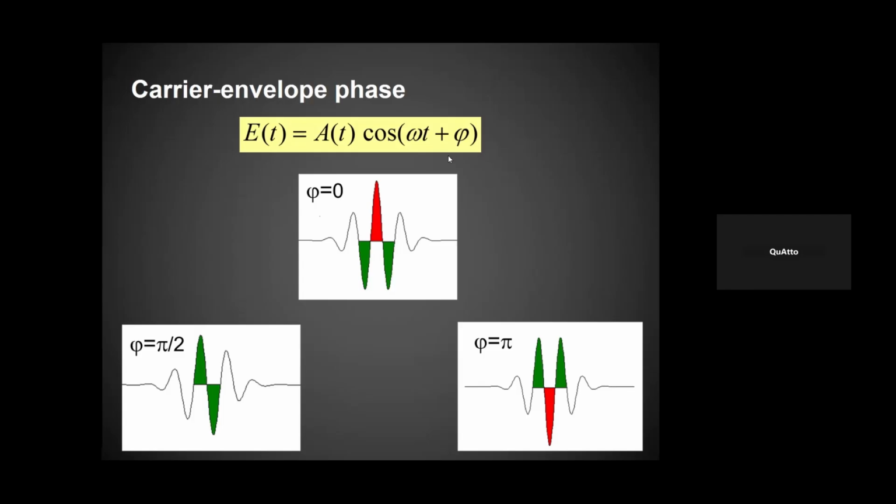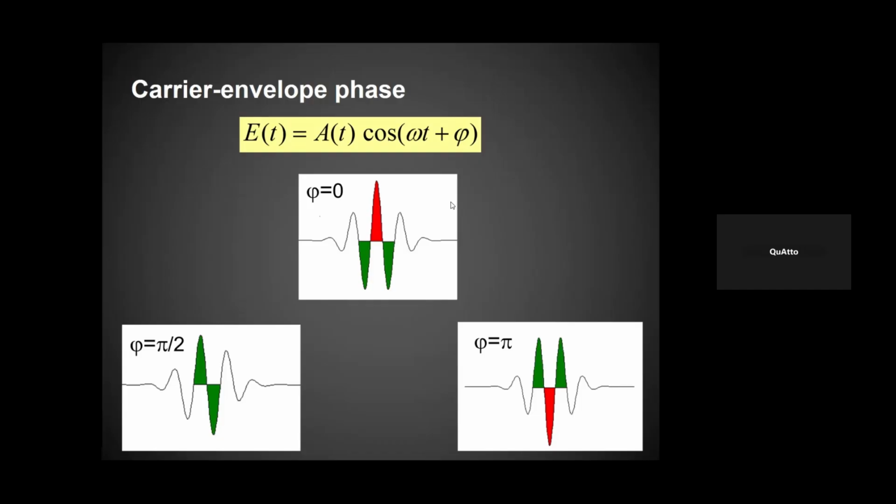This phi represents the carrier envelope phase. It's essentially nothing else than the temporal offset between the maximum of the envelope, which of course is equal to 0, and the maximum of the carrier wave. Now, this is typically a parameter which is not relevant if you have multi-optical-cycle pulses.